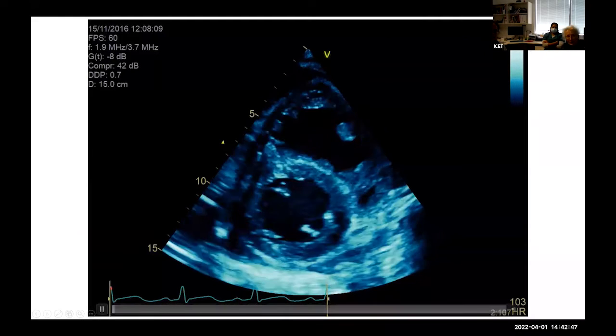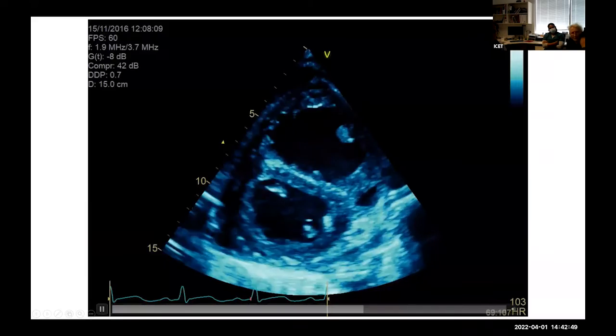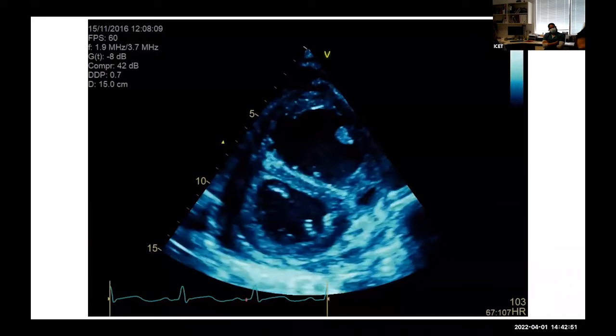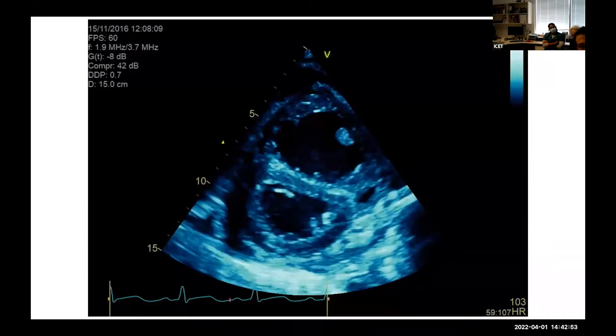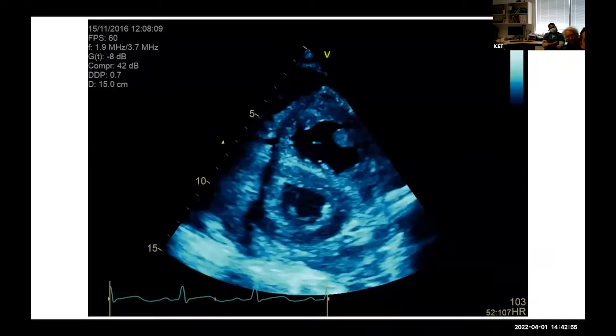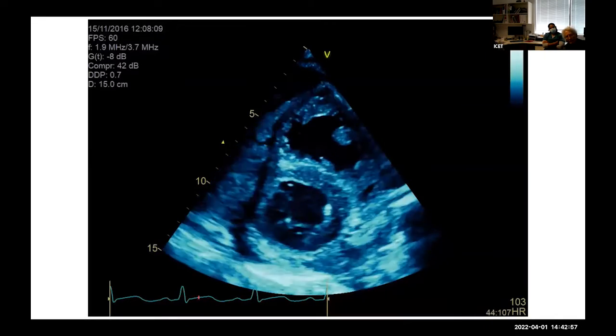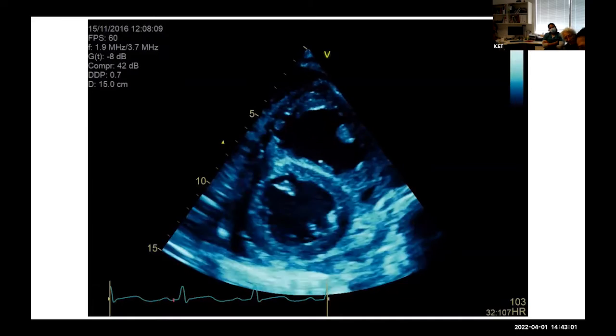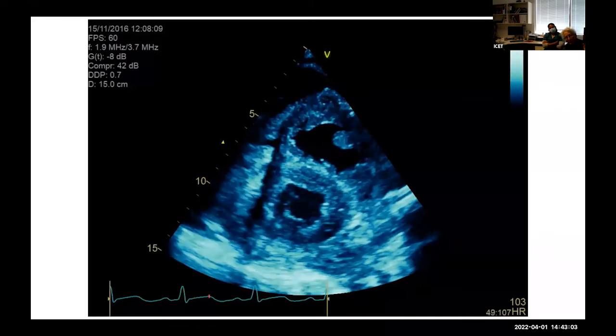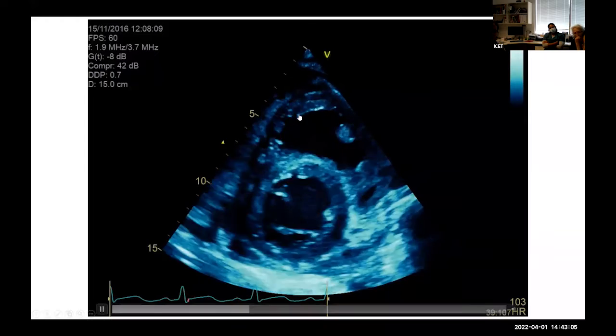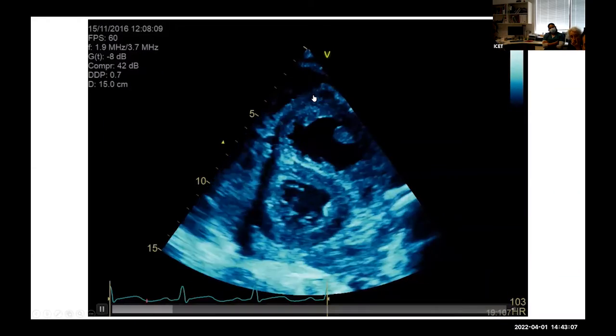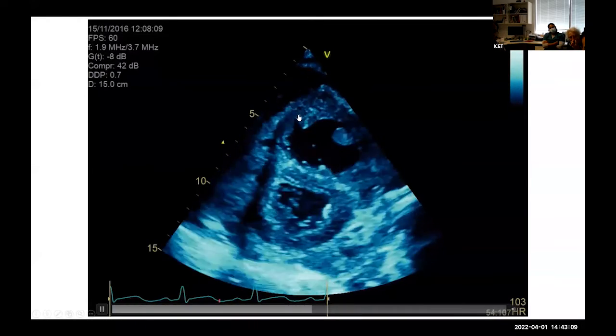Right. So I'm looking at a parasternal short axis at the level of the mitral valve. There's some striking abnormalities on this first scan. To start with, from top to bottom, there looks to be a small pericardial effusion that is probably present throughout systole and diastole.